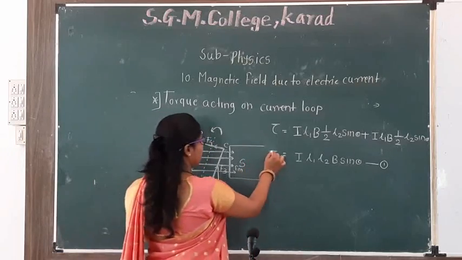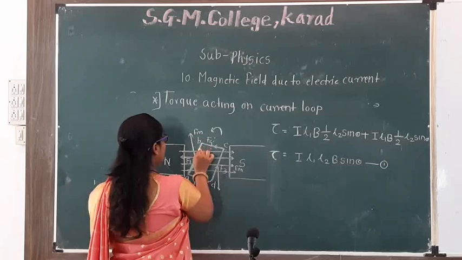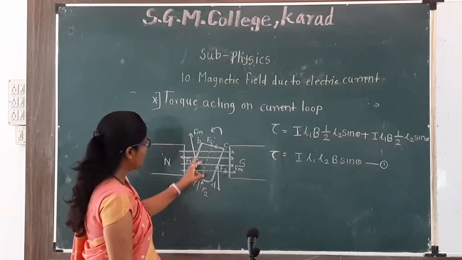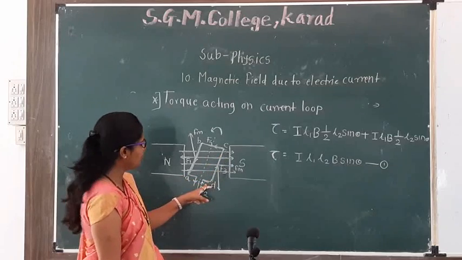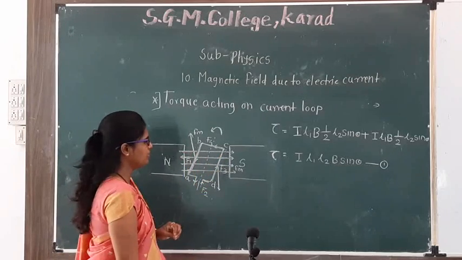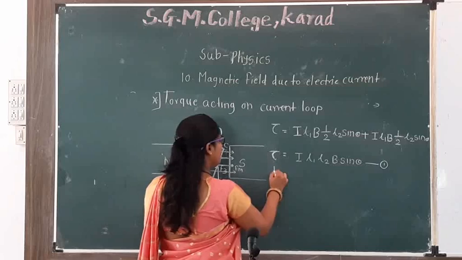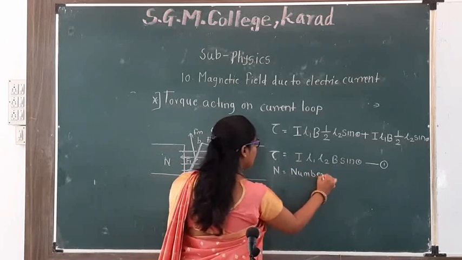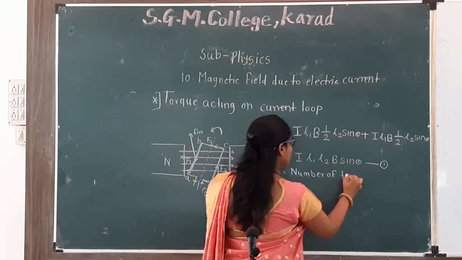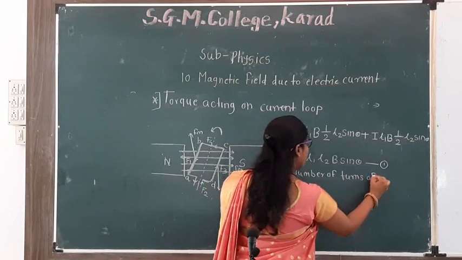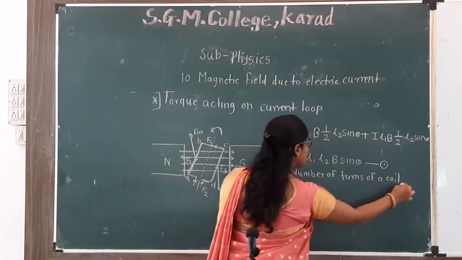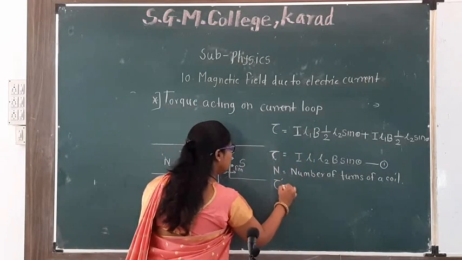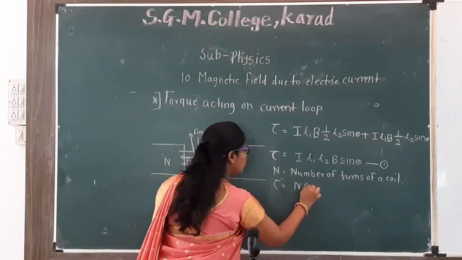Now when this rectangular coil has n turns, where n is the number of turns of the flat coil, the torque tau dash is equal to n tau.